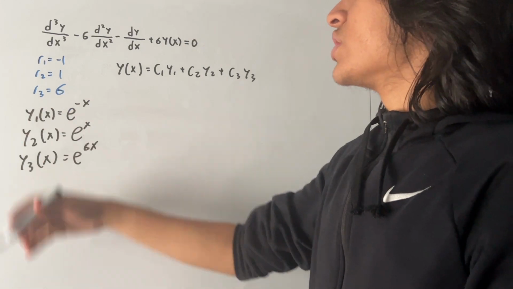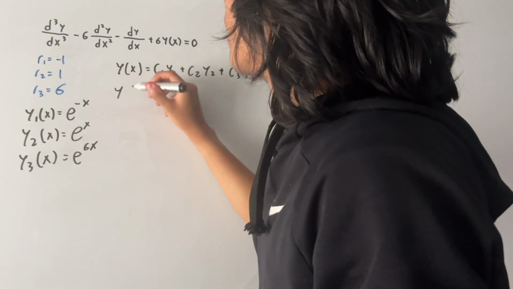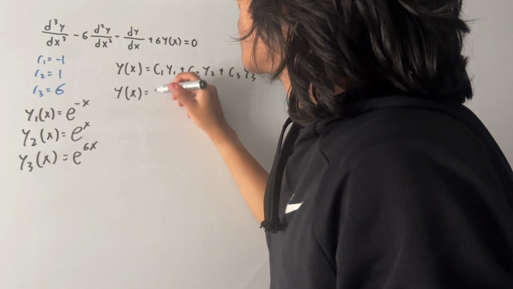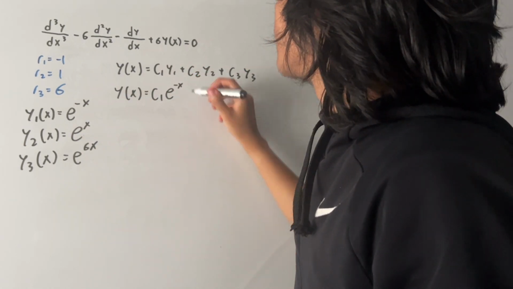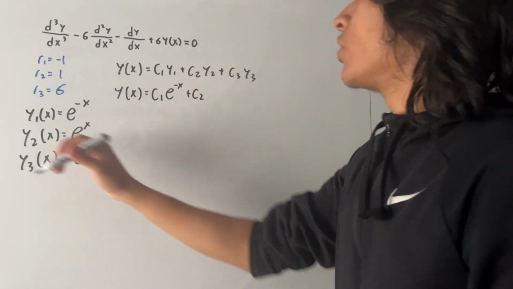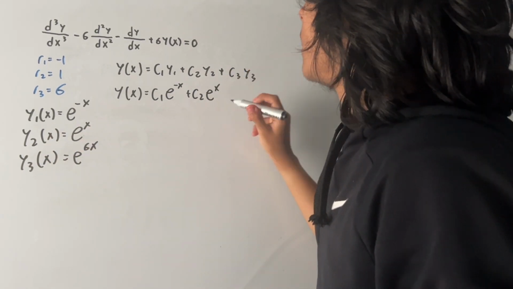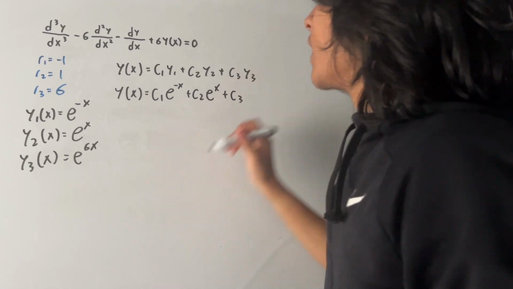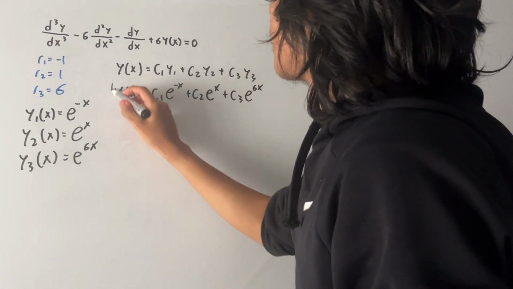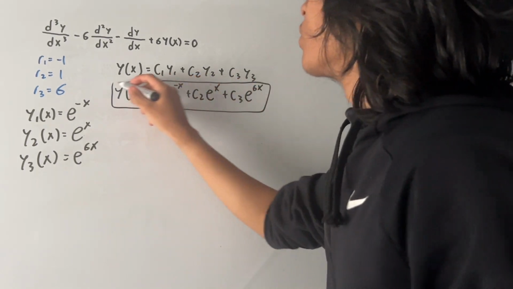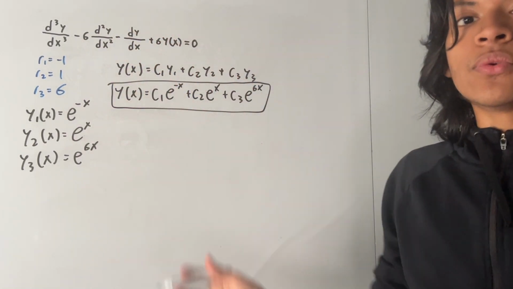When we just plug in everything, we get y of x is equal to c1 e to the negative x, plus c2 e to the x, plus c3 e to the 6x. And this right here would be our general solution for this differential equation.